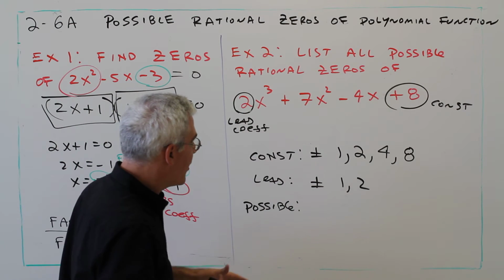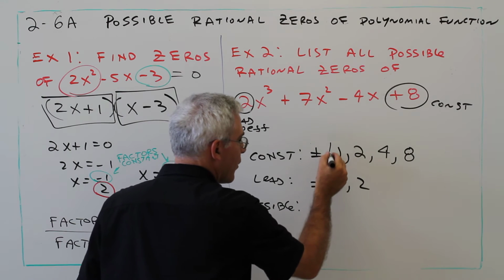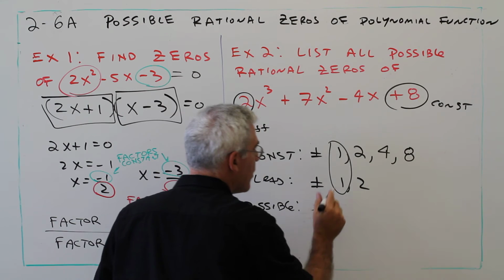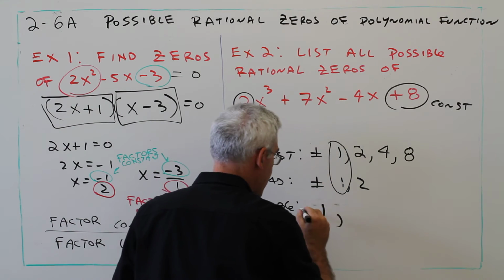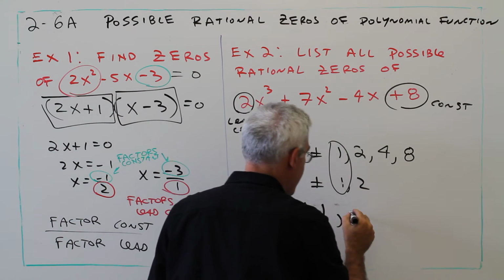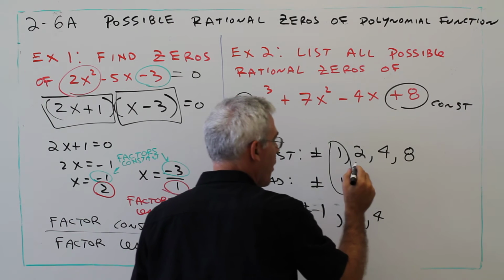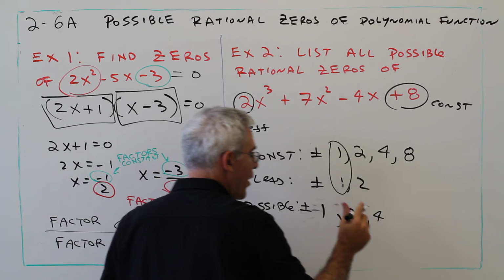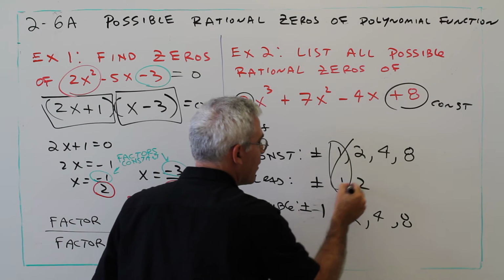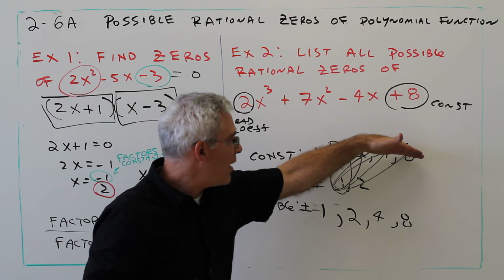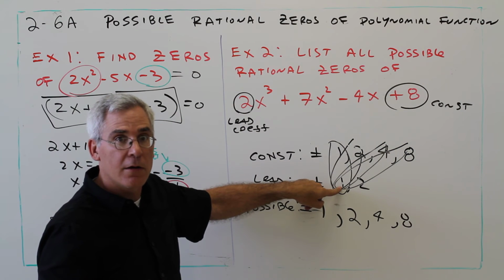So I've got 1 over 1, which is just 1. 2 over 1, don't forget it's plus or minus, which is just 2. 4 over 1, which is just 4. And 8 over 1, which is just 8. So again, all I did was take all of these factors over 1.